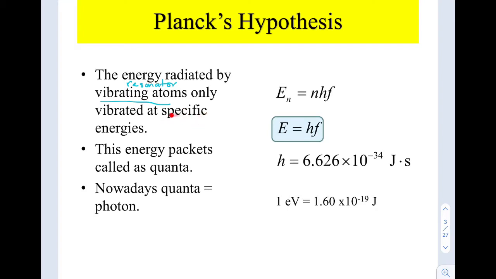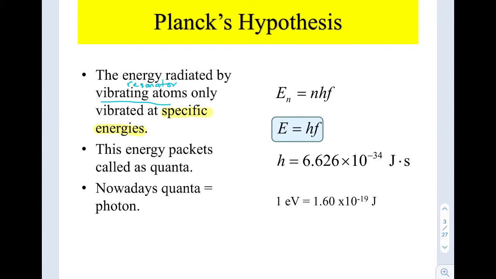The way they vibrate must be at specific energy only. It's not continuous. Previously, in classical physics, the scientists treated the EM wave produced by the radiating atoms in terms of continuous energy.